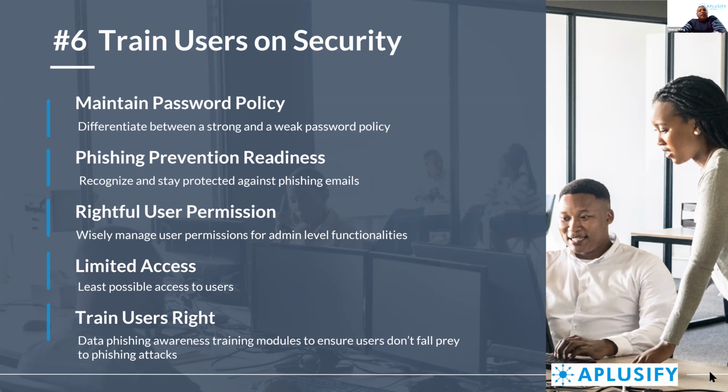But since people are not aware of how these user permissions can affect a system, they don't know how to set it, because it's a task in itself, right? How to set user permissions, and unless people know the importance of it, they don't do that.